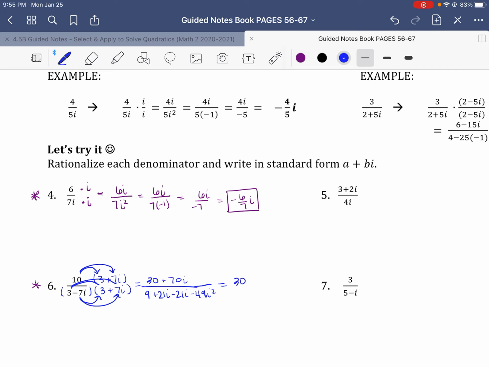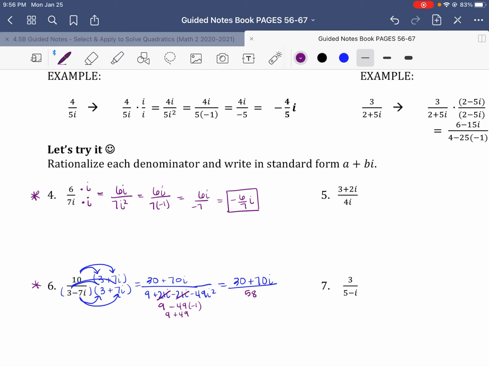So on the top here we have 30 plus 70i over, it looks like these 21i and the negative 21i will go away there, add to 0, and we get 9 minus 49 times negative 1. So really that's just 9 plus 49. This is going to be 58.